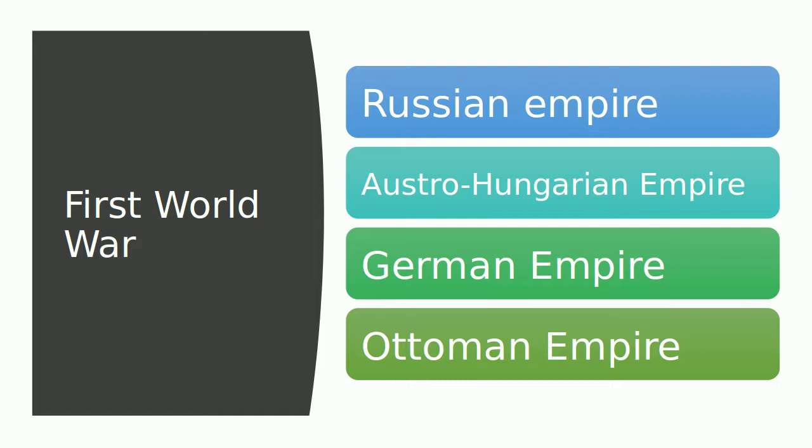The Austro-Hungarian Empire, which was an enormous empire, not only combining those 2 countries, but which dominated the whole Balkan region as well, also collapsed as a result of the war. The German Empire, not just in Europe, but also in Africa, also collapsed as a result.